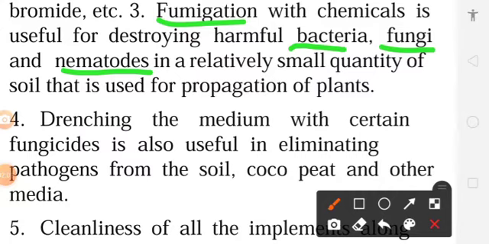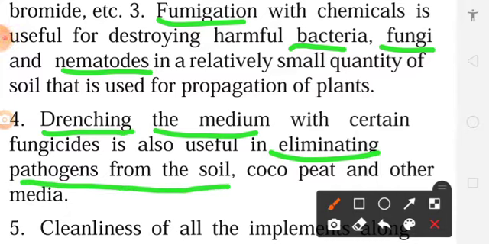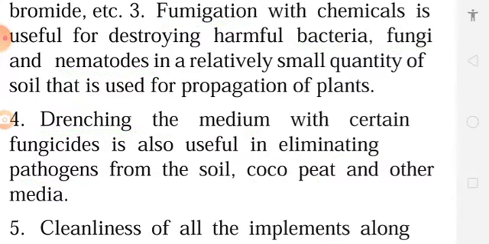Fourth method is drenching the medium with some fungicides. They are also used to eliminate pathogens from soil or cocopeat and other media. So drenching is also a good method.